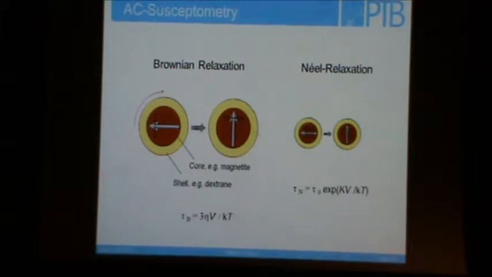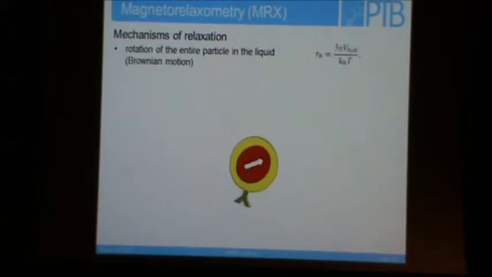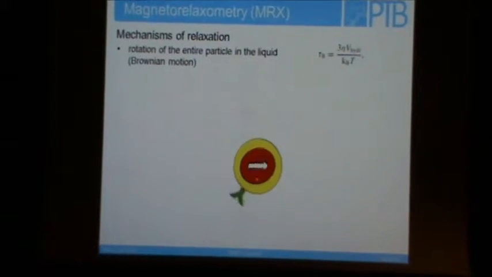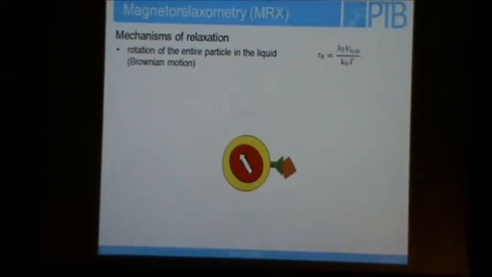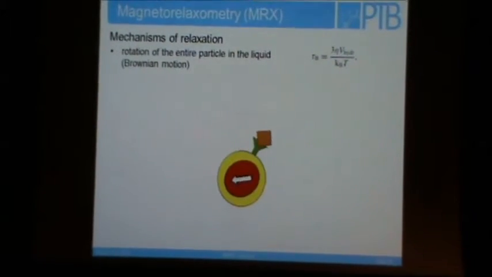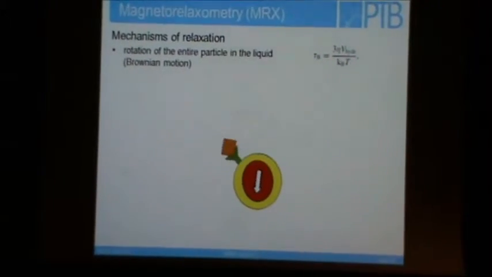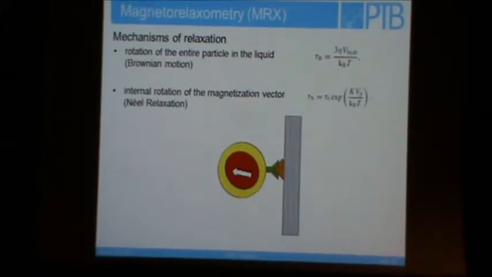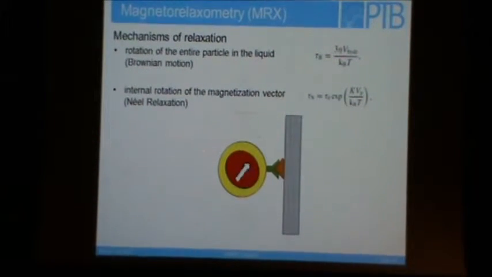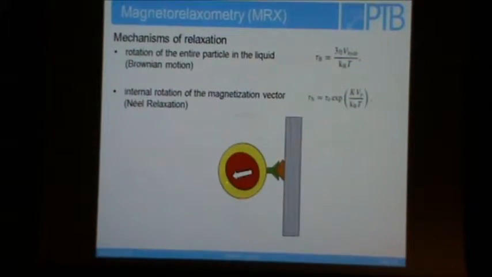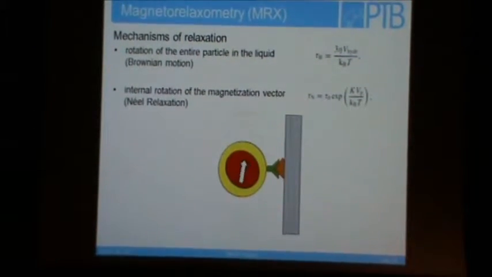And these two relaxation processes compete, so that if we have a particle that is moving in a liquid by Brownian process, and we attach some molecule or so to the particle, then it might undergo a slower rotational diffusion. And if we fix it to some wall, to the tissue of the vessels maybe, then only Néel relaxation remains.